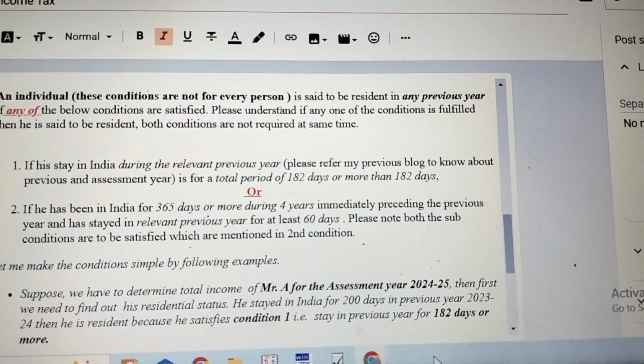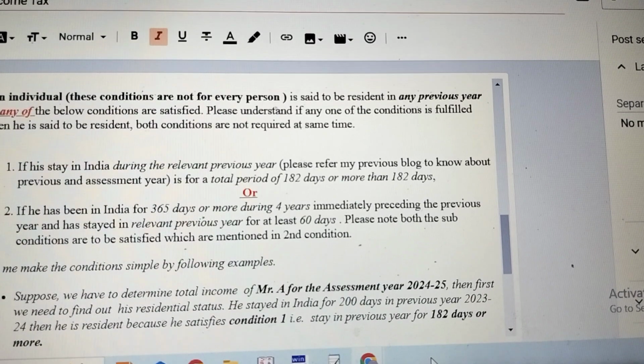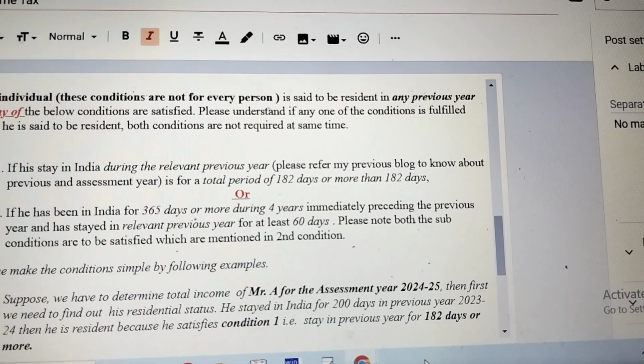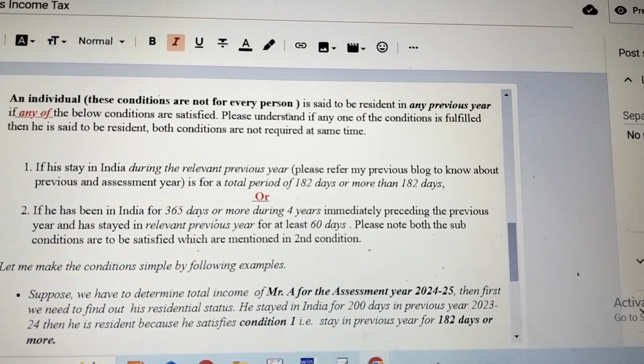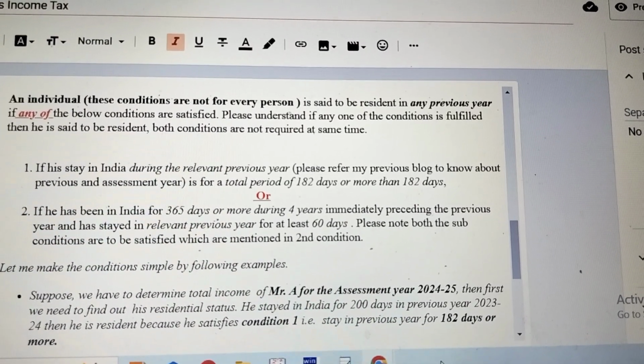The relevant previous year is 23-24, and prior to that, if he has stayed for 365 days or more, then he would be resident.